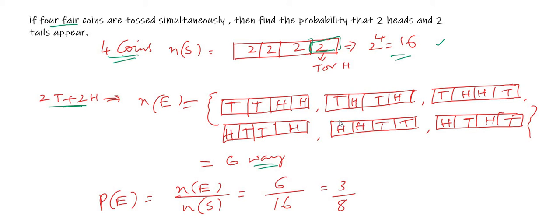6 possibilities are there. This of course we can do in another way also, because fixing one T here, the remaining 3 can be arranged in 3 factorial by 2, which is 3 only.